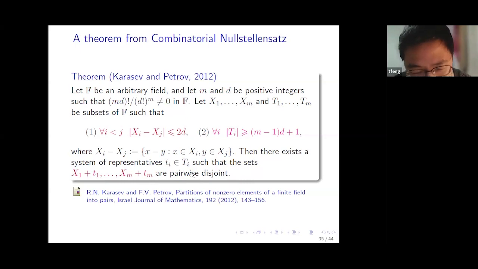Maybe you don't know what the relation is between this theorem and our problem. To apply it to our problem, we can think of each Xi as a base block.